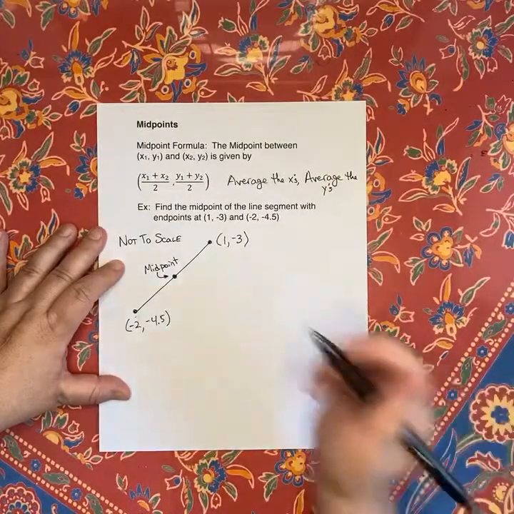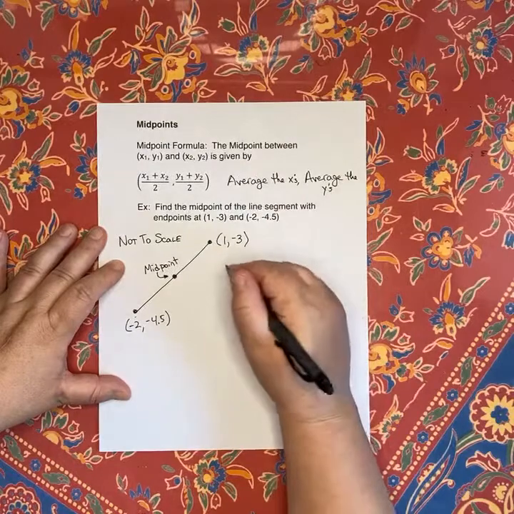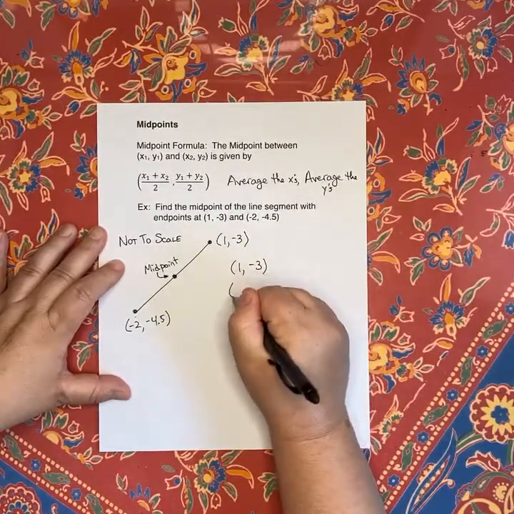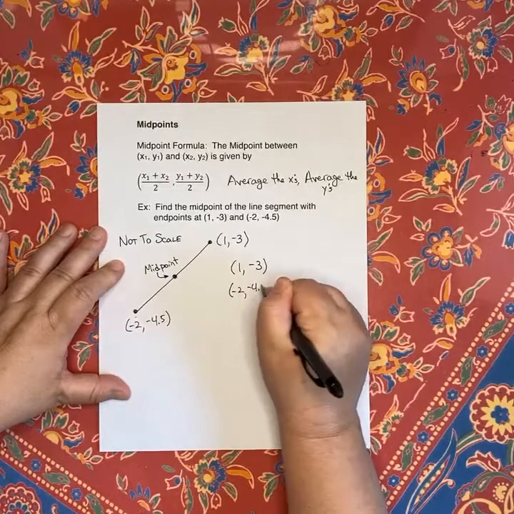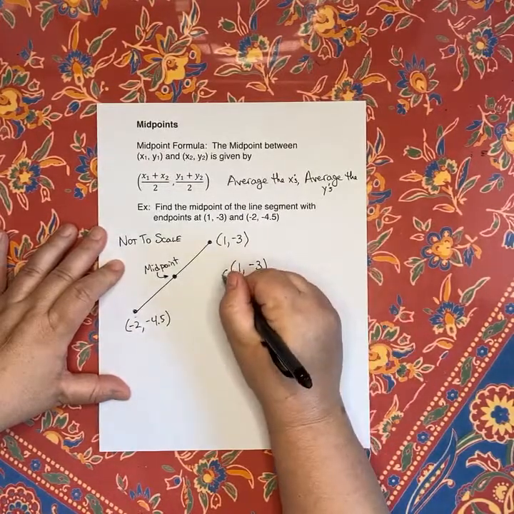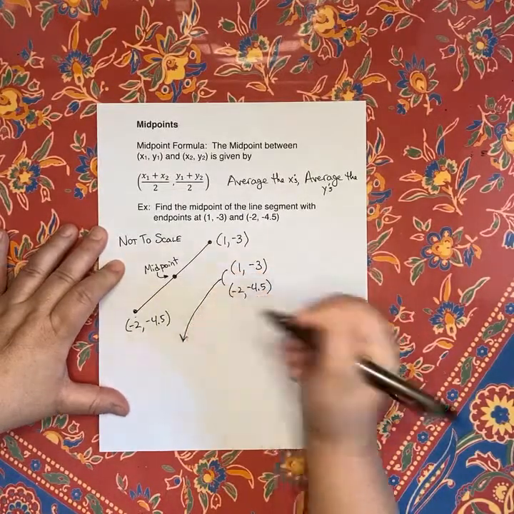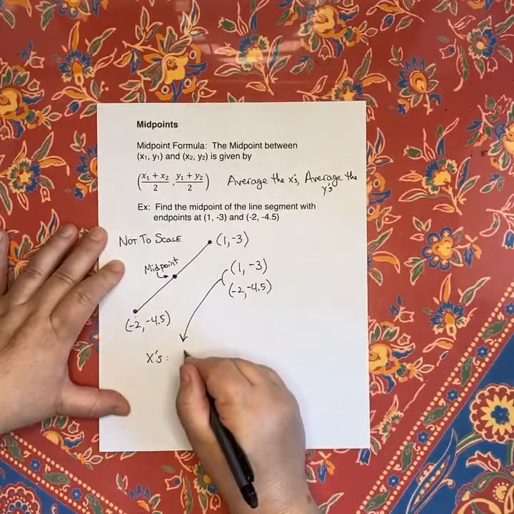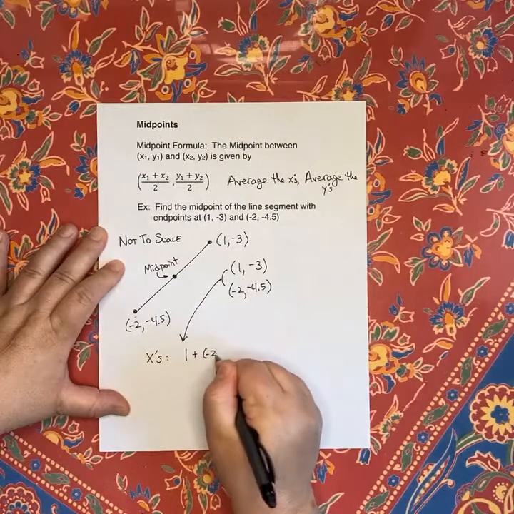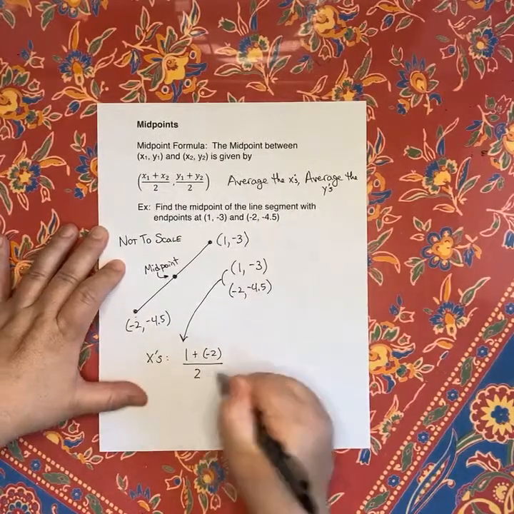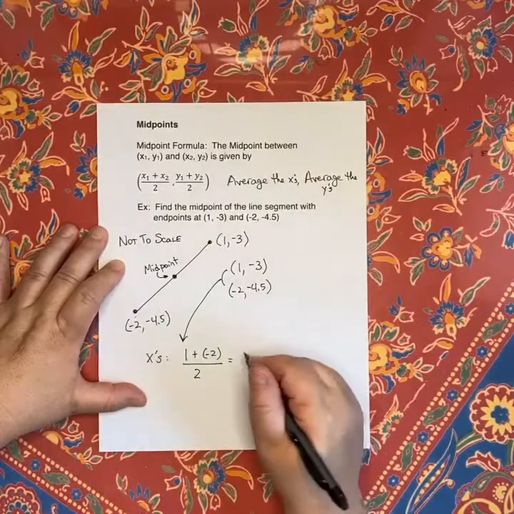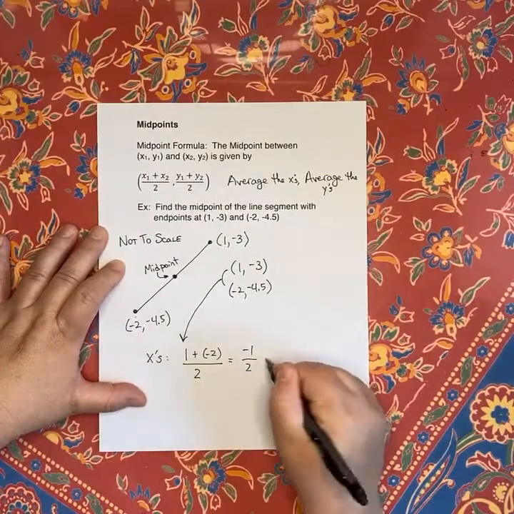Okay, so I want to find the midpoint. So what I'm going to do is take the 2 X's. Let me write them next to each other, like this. I'm going to add 1 plus -2 all over 2. So that's 1 plus -2 is -1 over 2.